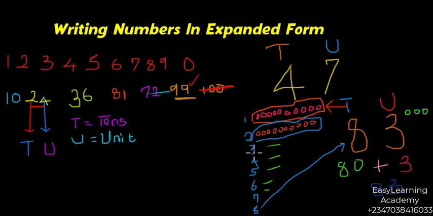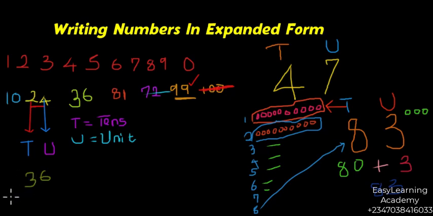Okay, so if I ask you to write the expanded form of, for instance, 36, the expanded form of 36 will be what? If you look at it, tens and units. Now, how many groups of tens do we have here? We have 3 groups of tens, and 3 groups of tens will give us 30.